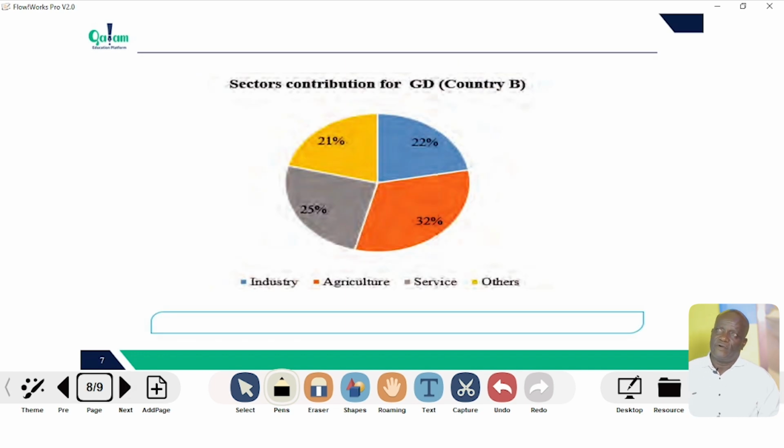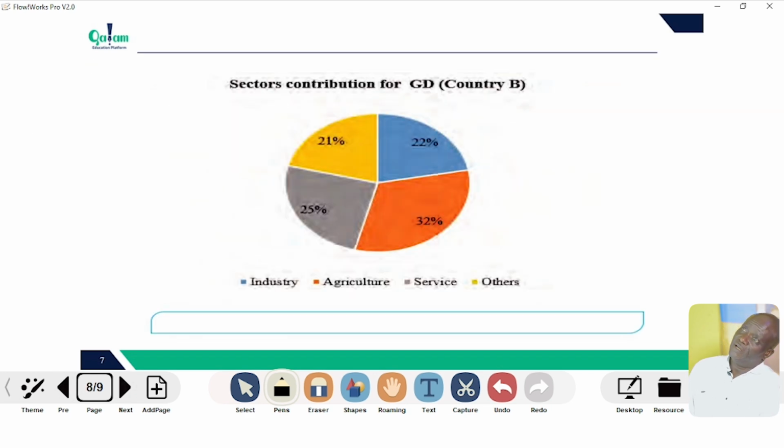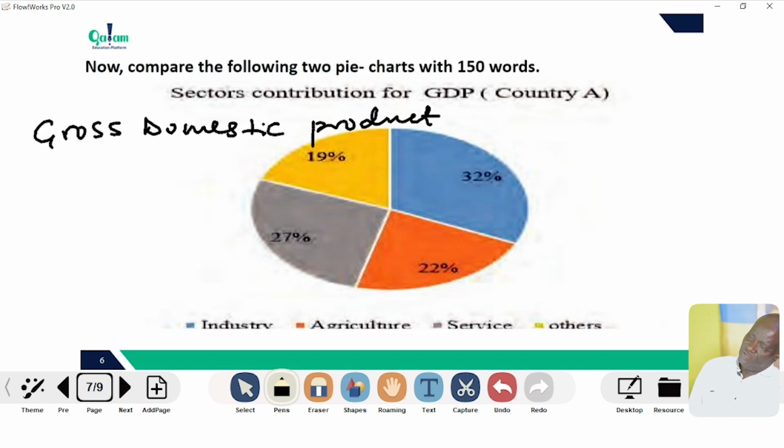So going ahead, now sectors contribution for GDP in country B. So you can see industry, country B has 22%, but country A has 32%. Country B has 32% agriculture, and country A has 22% agriculture.